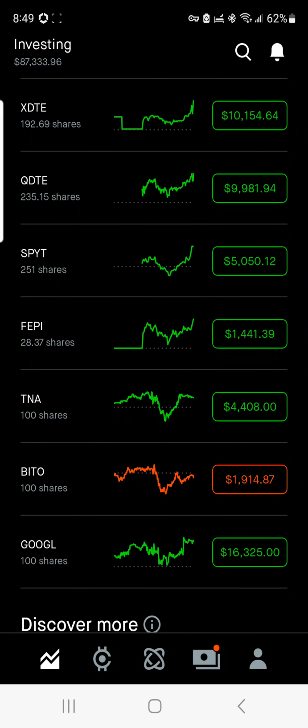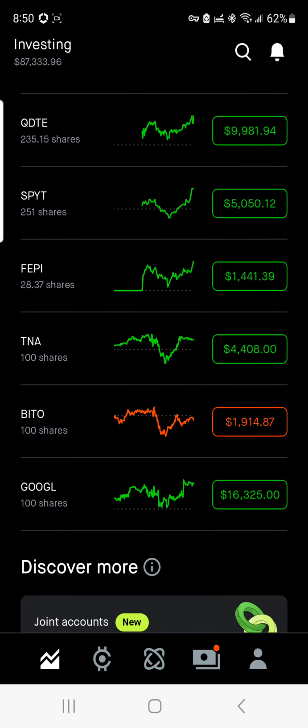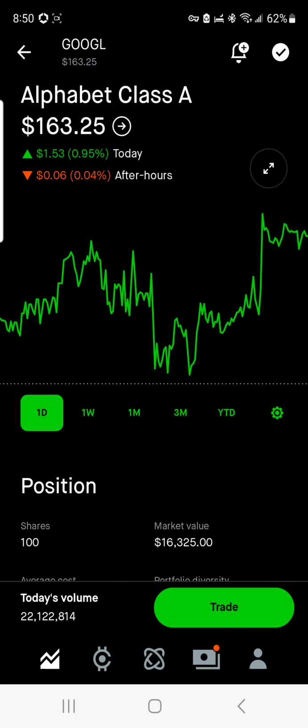So yeah, and then this is just Google. Unfortunately, I initially was playing the earnings of Google, and I had a 180 cash secured put, which I had to roll down to 170 for a $180 loss. Then I finally got assigned the shares, and you can see that I'm down on paper.